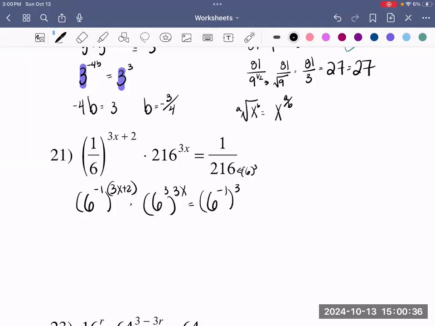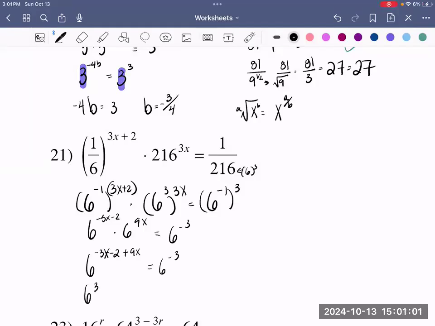So let's combine. We have 6 to the negative 3x minus 2 times 6 to the 9x is equal to 6 to the negative 3. Let's go ahead and add the ones on the left. We have negative 3x minus 2 plus 9x. We'll add those x terms together.